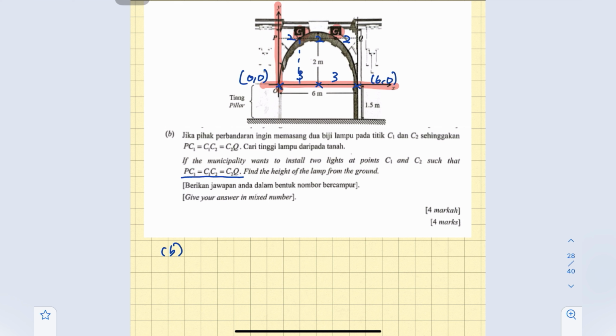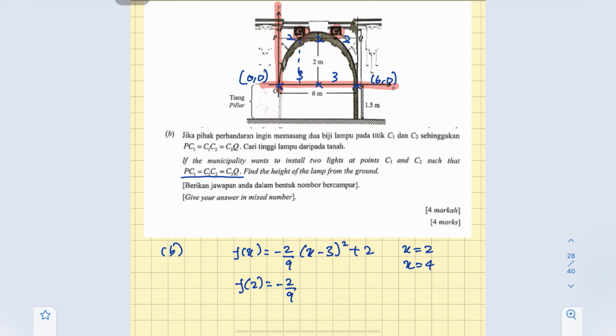So we can substitute into the function. Just now we already have f(x) equals negative 2 over 9 (x minus 3) squared plus 2. So we can substitute x equals 2 or x equals 4 into the function to find the coordinate of y. Let's say I choose f(2).